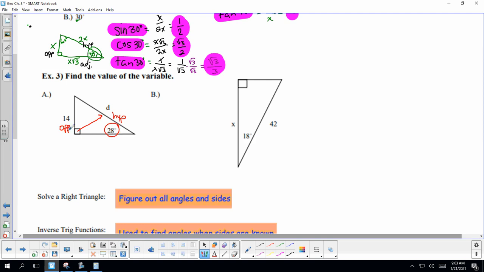So opposite and hypotenuse. When I have to choose between sine, cosine, and tan, the one with the opposite and hypotenuse is sine, so we're going to use sine, which is the opposite over the hypotenuse.